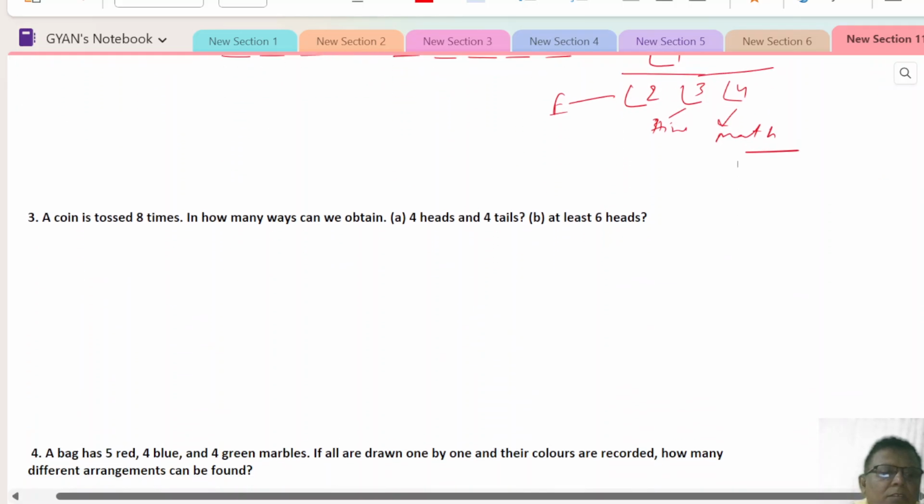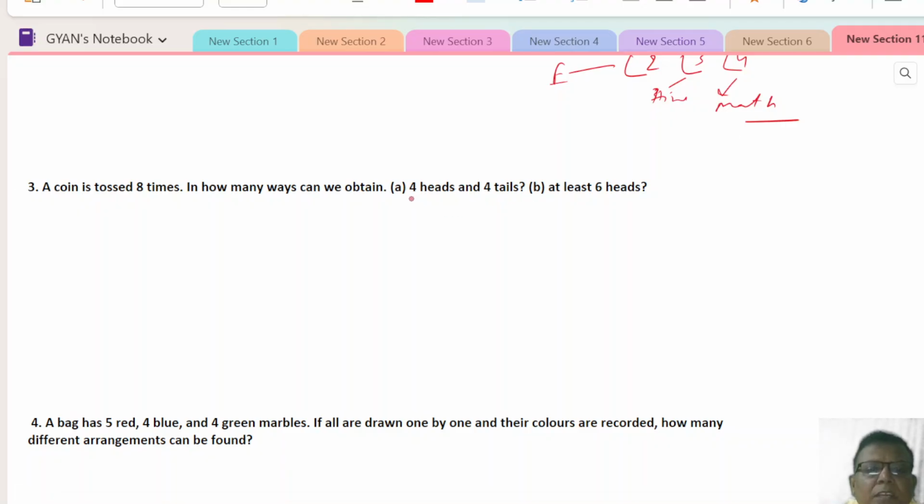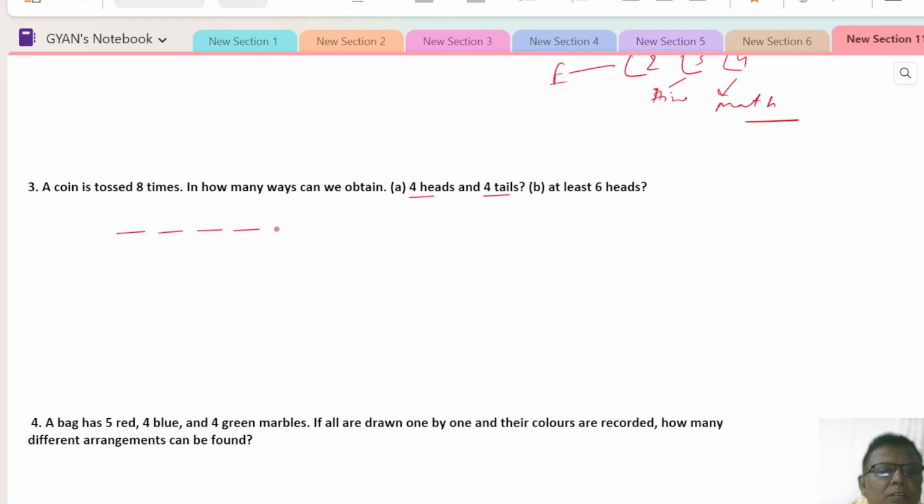Now come to the question: a coin is tossed 8 times. In how many ways can we obtain four heads and four tails? So four heads and four tails. So factorial 8 by factorial 4 into factorial 4.